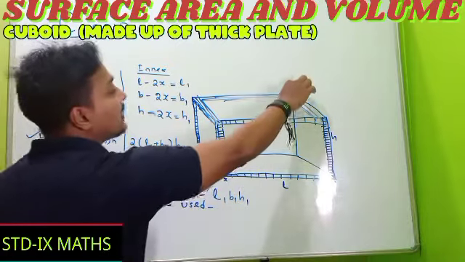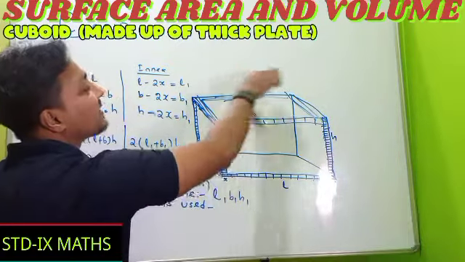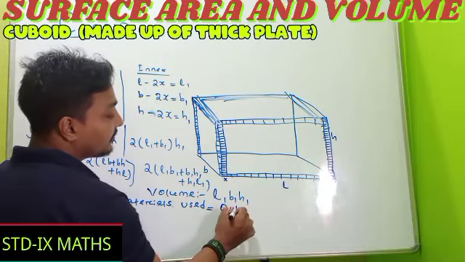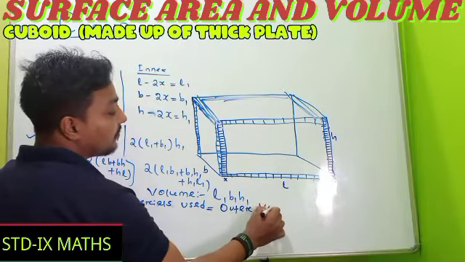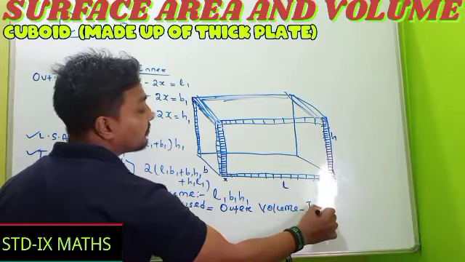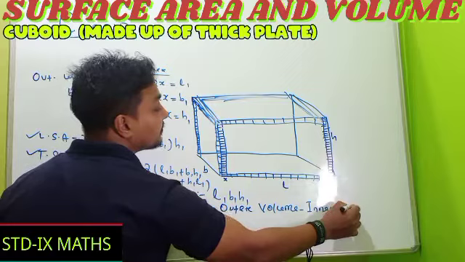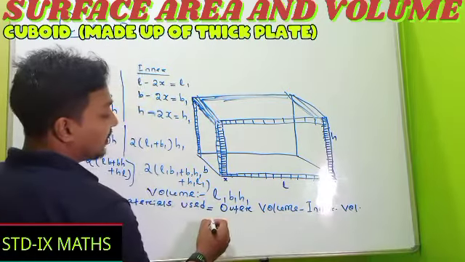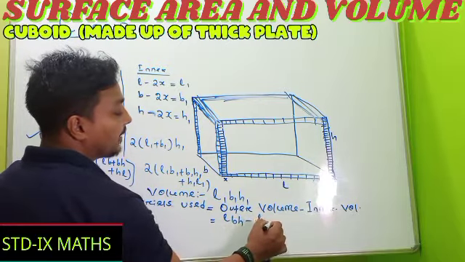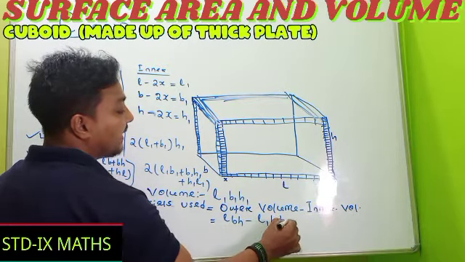So only the cavity is left. So the formula is outer volume minus inner volume. The outer volume is L, B, H, and the inner volume will be L1, B1 and H1.